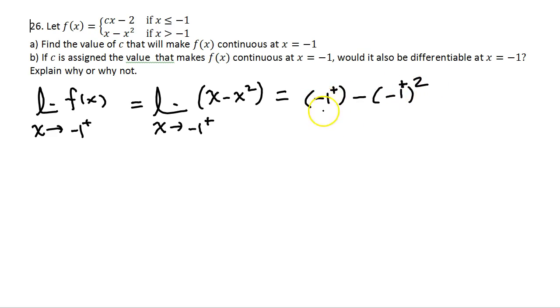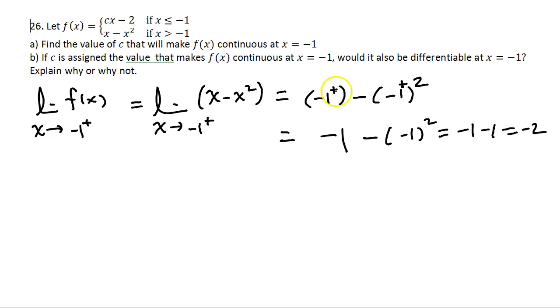And at this point, because it's not like dividing by 0 or anything, this -1 plus doesn't really mean anything. It just means it's getting closer and closer to -1. So we're really just doing -1 squared. That's -1 minus 1, which is -2.